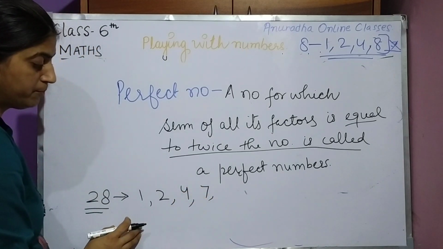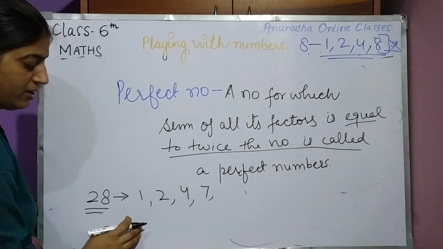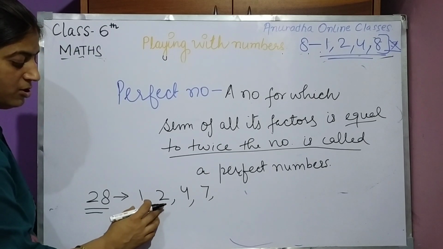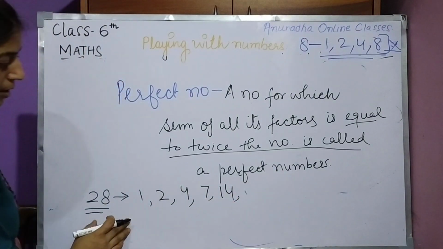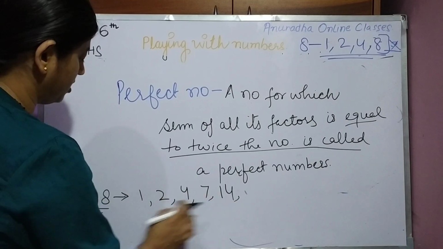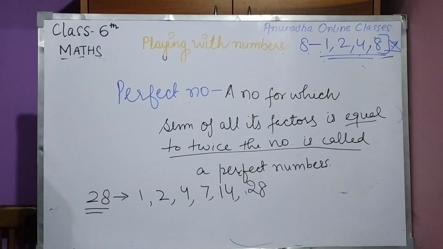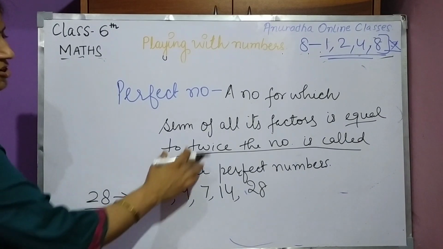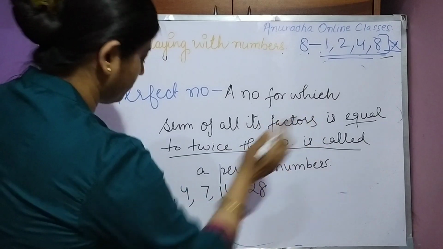Then 2 14s are 28, and 4 7s are 28, and this 28. So these are the factors. Now what is said here?